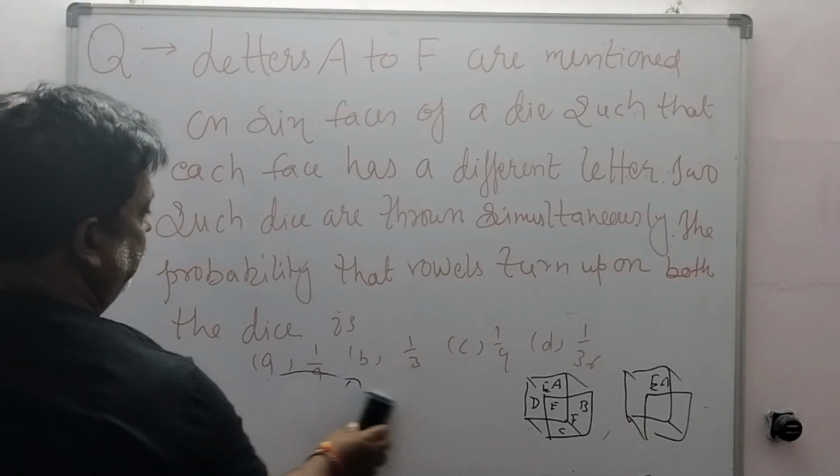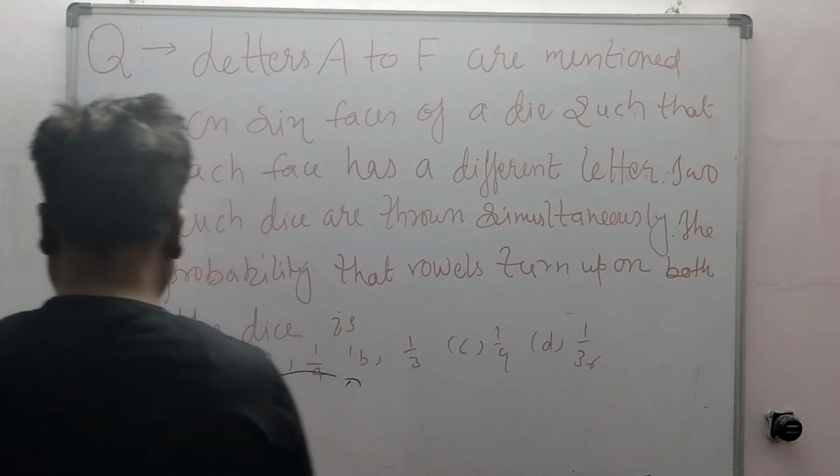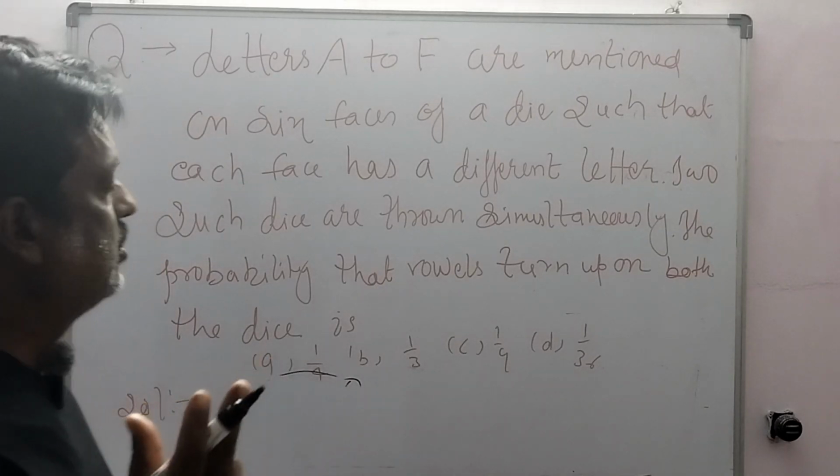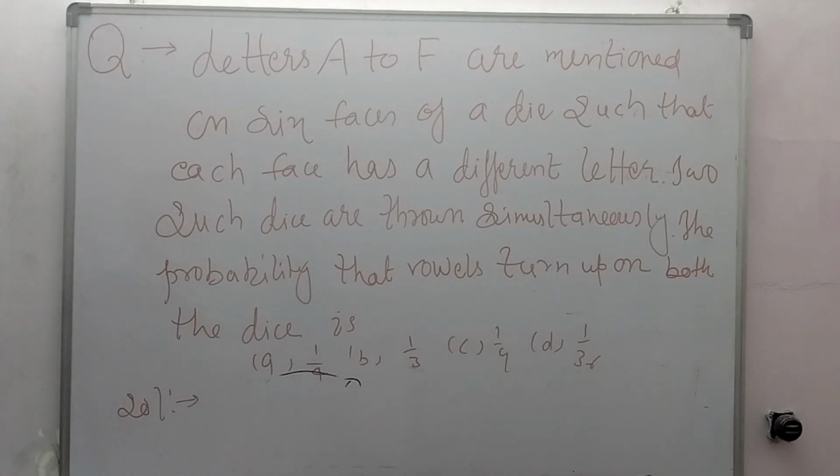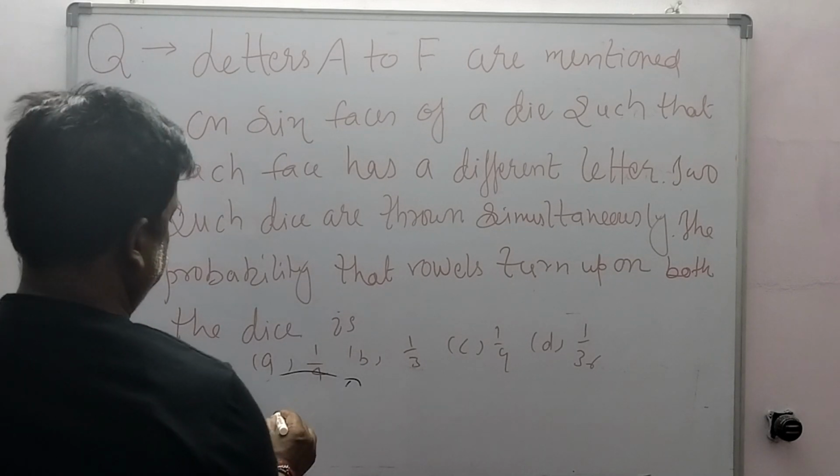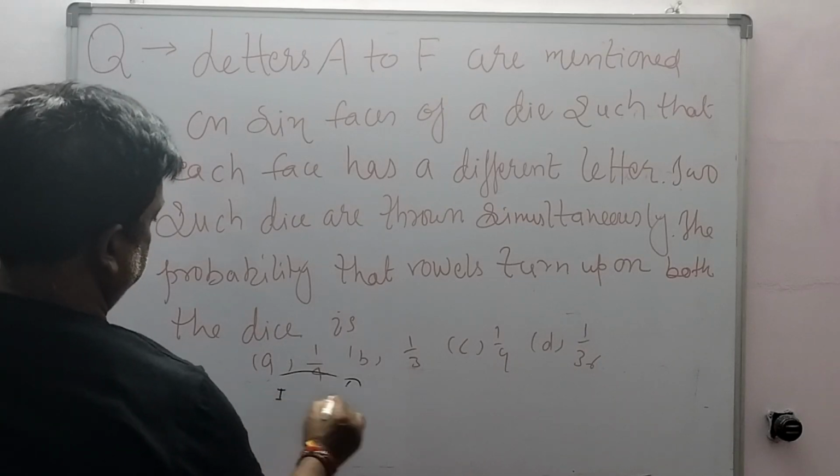How can we find it? We have to count the total outcomes and the favorable outcomes. Suppose this is the first dice and this is the second dice.